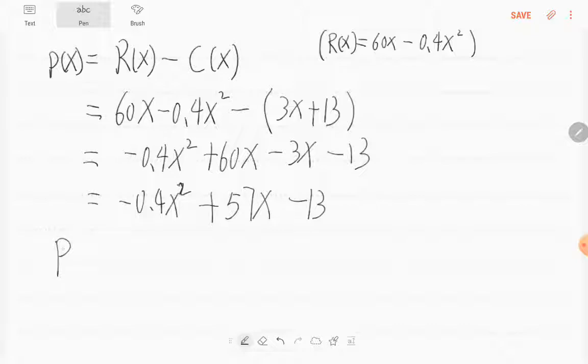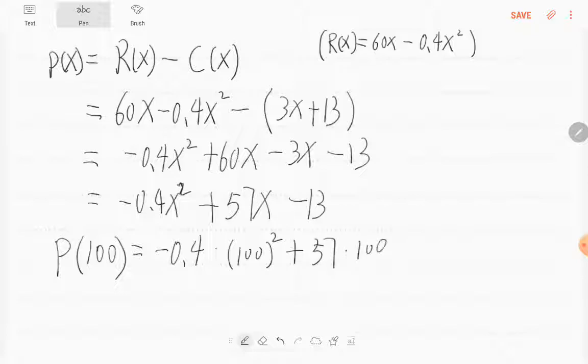The question asks you to get P of 100. That means you substitute x with 100, so it's negative 0.4 times 100 times 100 squared... that is, negative 0.4 times 100 squared, plus 57 times 100 minus 13.